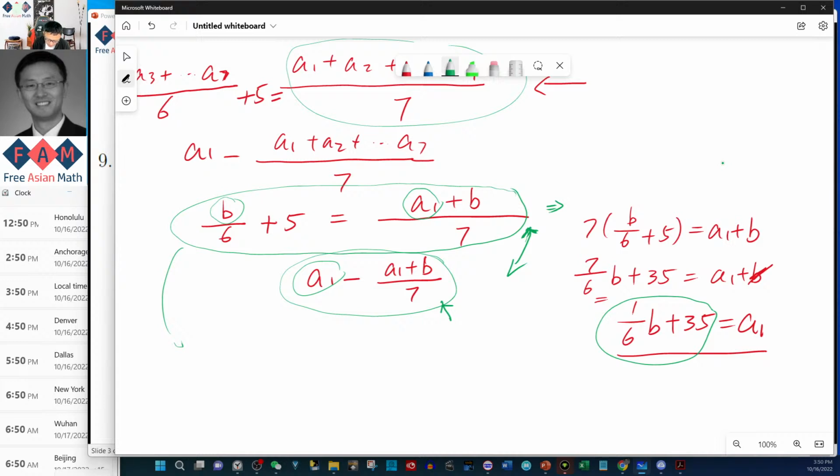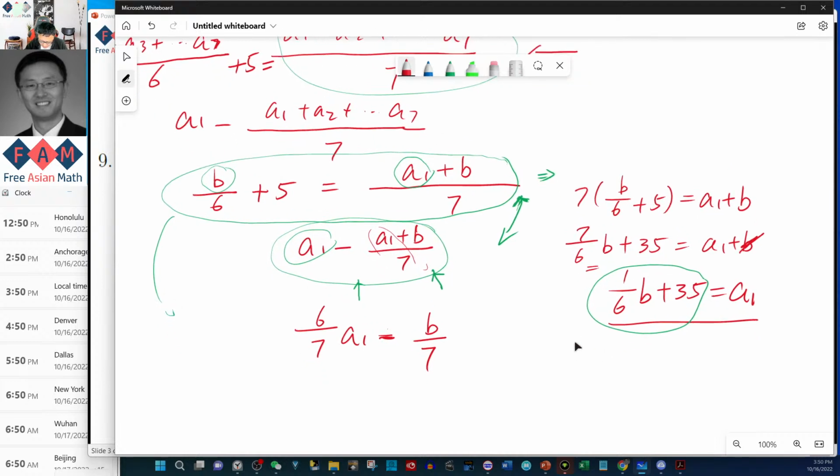Okay, so for this one, we can write this as, if we plug A1 into 1/6 AB, then essentially we get, for this one, 7/6 A1, right? Because there's 1/7 A1 here, minus B over 7.